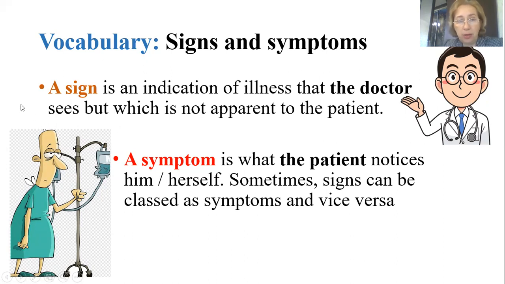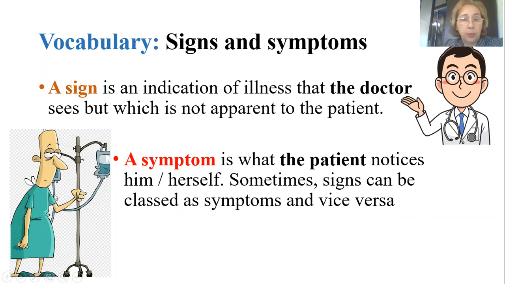Let us agree that a sign is an indication of illness that the doctor sees, but which is not apparent to the patient. So a sign is to a doctor. A symptom is what the patient notices himself or herself. So sometimes signs can be classified as symptoms and vice versa.